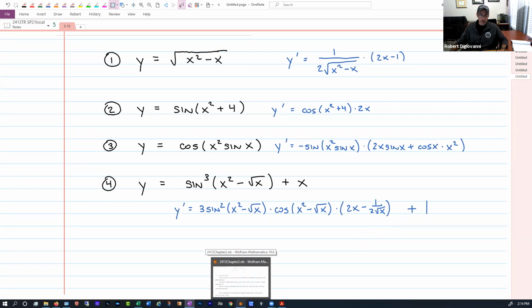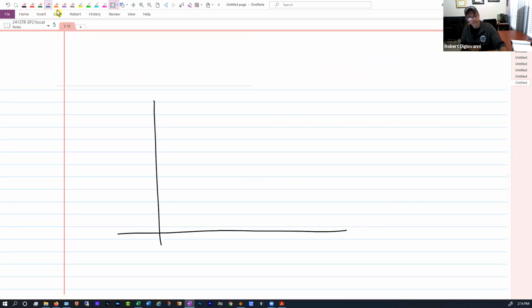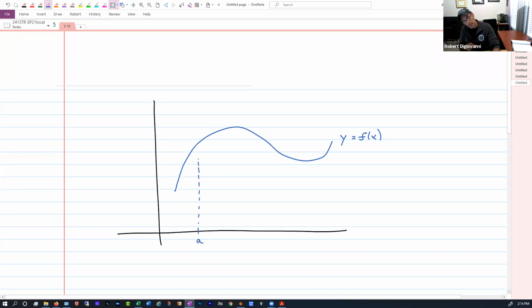So if we kind of take a step back now and just talk about what we have achieved in this class, it's basically that if somebody were to hand us a function, some y equals f of x, we now have equipped ourselves with these rules, power rule, product rule, quotient rule, chain rule, that we should be able to go to any point on the graph and then find the slope of the tangent line on that graph.